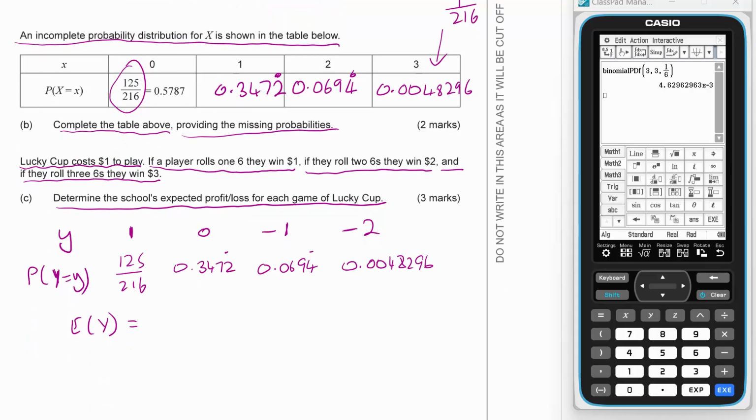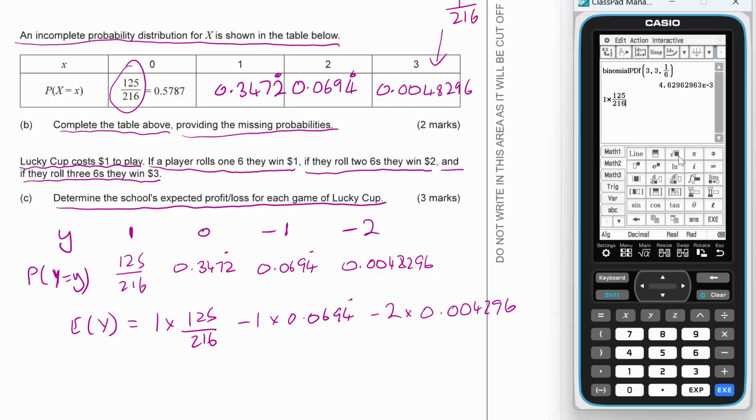So it's just going to be 1 times 125/216. Take away 1 times 0.0694 recurring. Take away 2 times 0.00488296. And so we have 1 times 125 over 216.